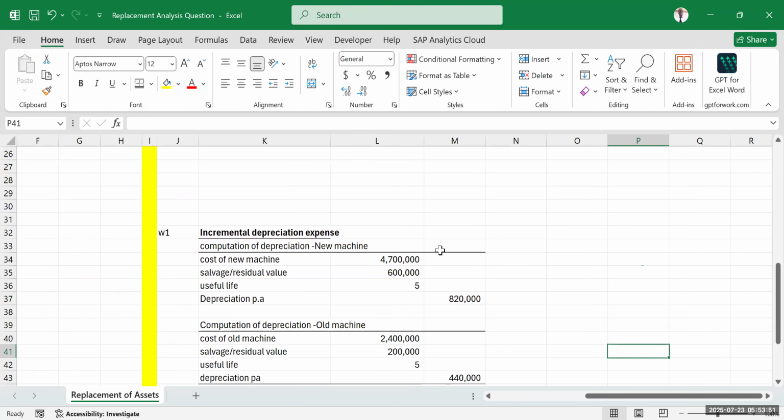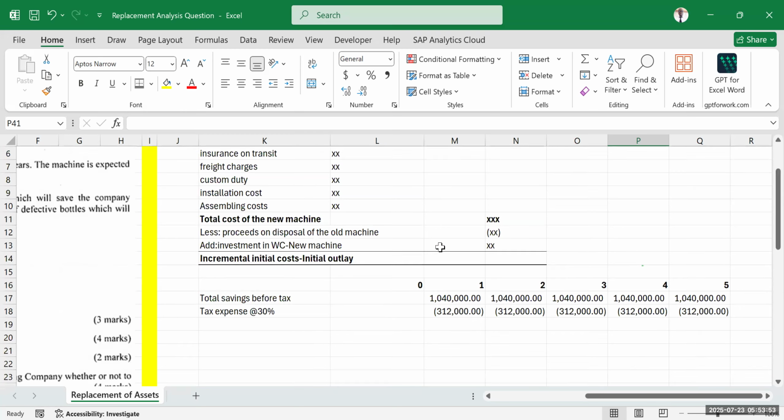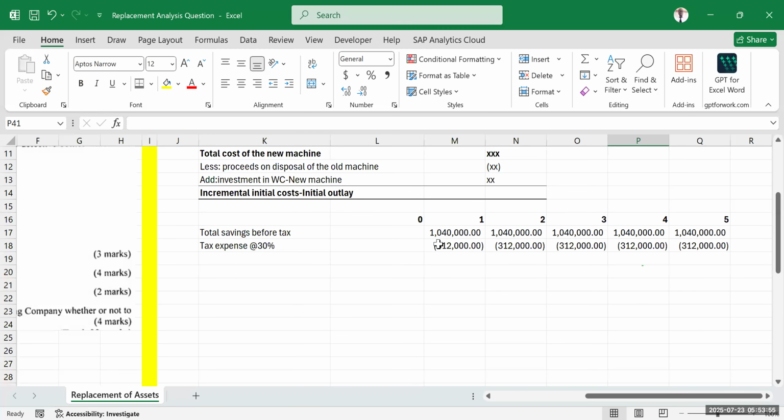So I will come to our cash flows here that we were building up. And I told you we are adopting an approach of looking at the depreciation tax shield benefit. So you can opt to go the other way. Deduct depreciation, charge tax, add it back. Net effect should be the same.